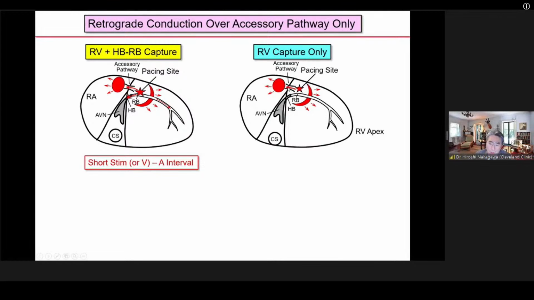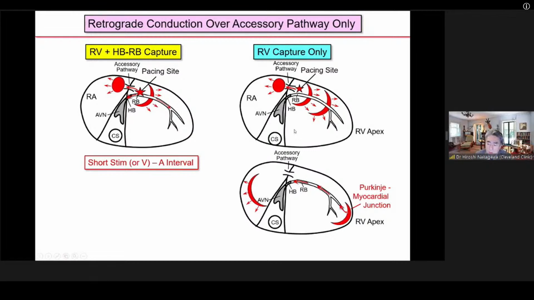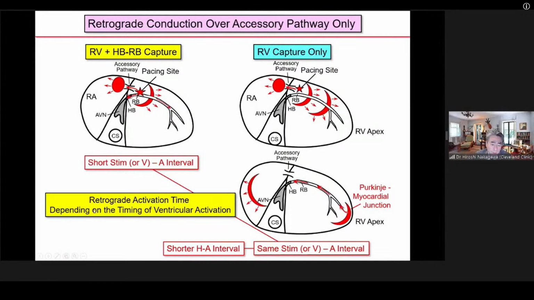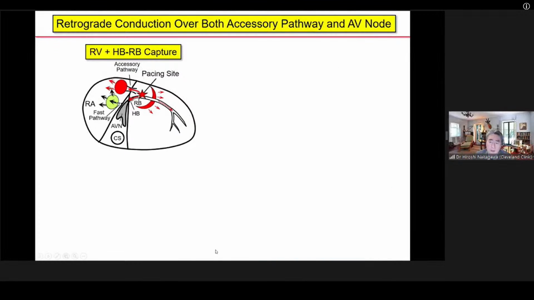So regardless of going to the apex or not, the atrium is already activated through the accessory pathway, located here. So, the same short stimulus-A interval, again with retrograde activation timing depending on the ventricular activation, and the activation sequence is the same. Importantly, if you lose His capture, the HA interval becomes shorter, indicating retrograde conduction that is not depending on His activation timing.